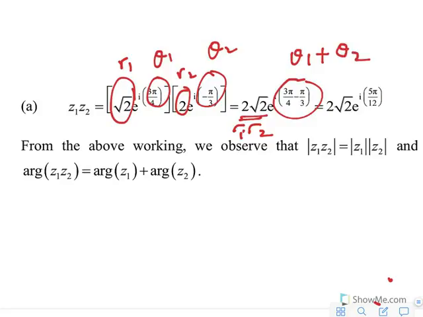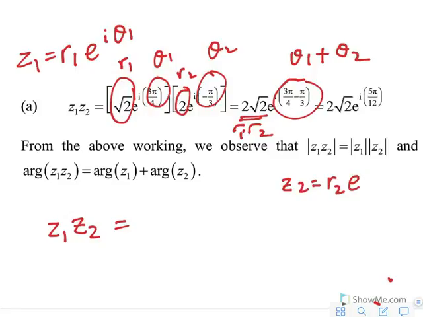So in general, if you were to multiply Z1 and Z2, given that Z1 is R1 e to the power of i theta 1, and Z2 is R2 e to the power of i theta 2, what is Z1 times Z2? It's just R1 R2 e to the power of i (theta 1 plus theta 2).